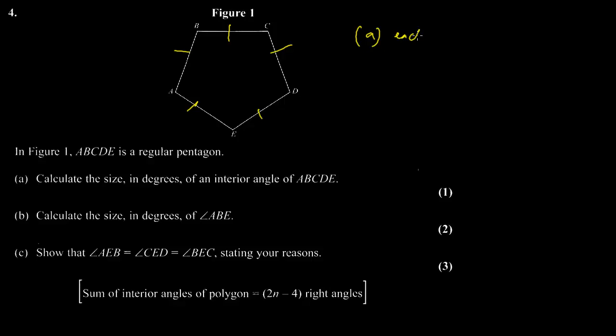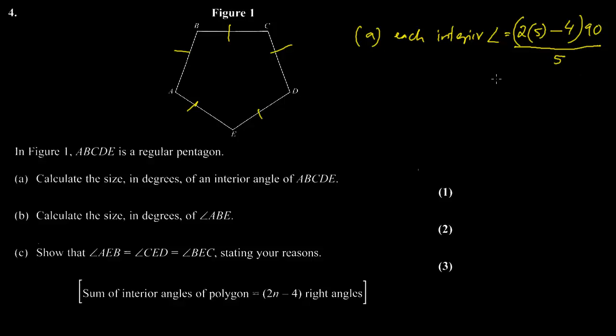So each interior angle is going to be: 2 into the number of sides, there are five sides, 2n minus 4 into 90 degrees, that is the sum of all the interior angles. Now each angle is going to be this divided by the number of sides, since the number of sides is the number of angles.